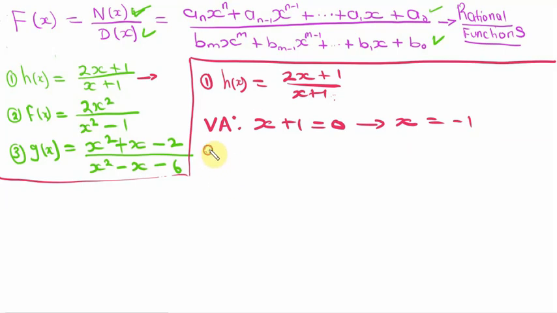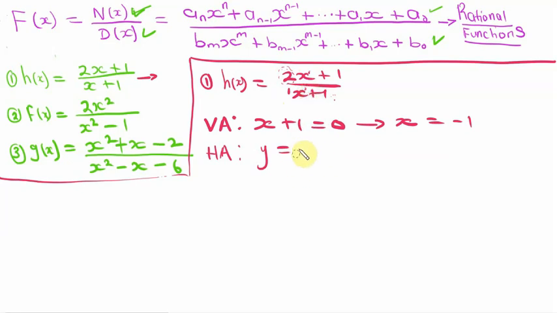Alright, horizontal asymptote. For the horizontal asymptote, we compare the degree of the polynomials, the numerator and the denominator. Seeing that in this case the numerator and the denominator are of the same degree, we just divide the coefficients of the variables with the highest degree.